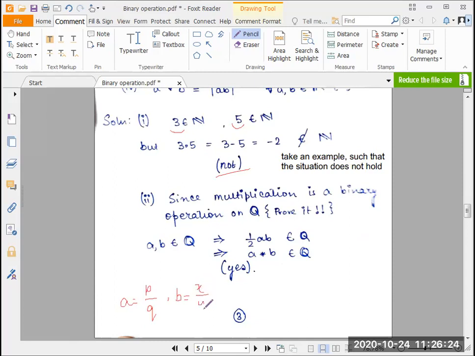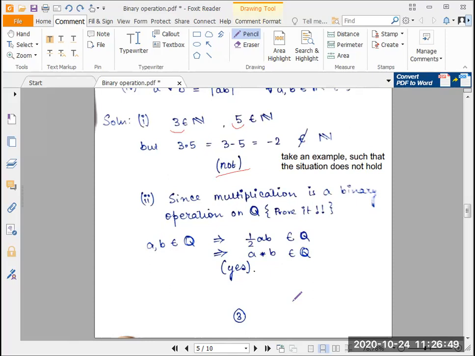If you multiply A and B, you'll get px by qy, which obviously means that it can be represented in p by q form. So any two rational numbers, when multiplied, will obviously give you a rational number. That is what we mean when we say multiplication is a binary operation on the set of rational numbers. I asked you to prove it and I proved it myself.